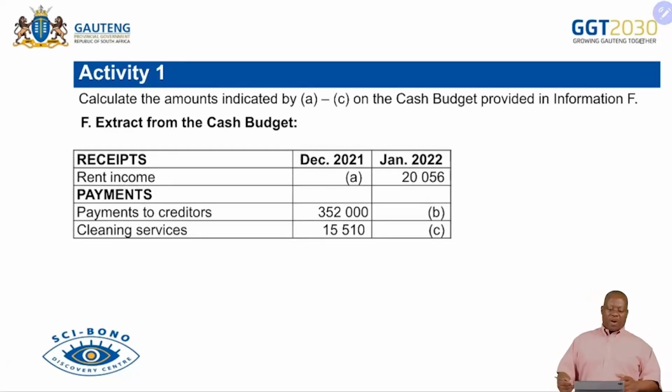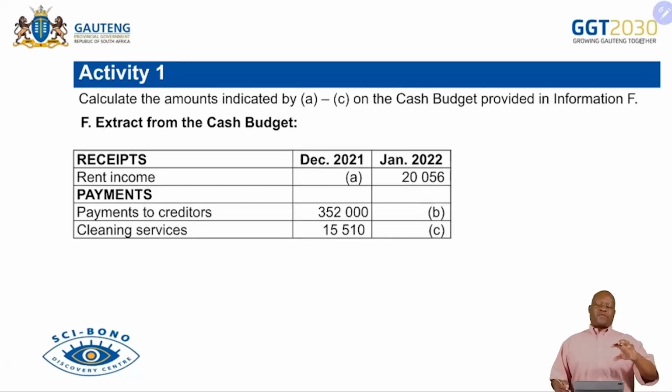So they are saying here we are having an extract from the cash budget. So you can see A, it's our rent income for the month of November that is missing. B, it's our payment to creditors for the month of January. And C, it is our cleaning services fee for the month of January. These are the three missing figures, A, B, and C, which we are expected to calculate.